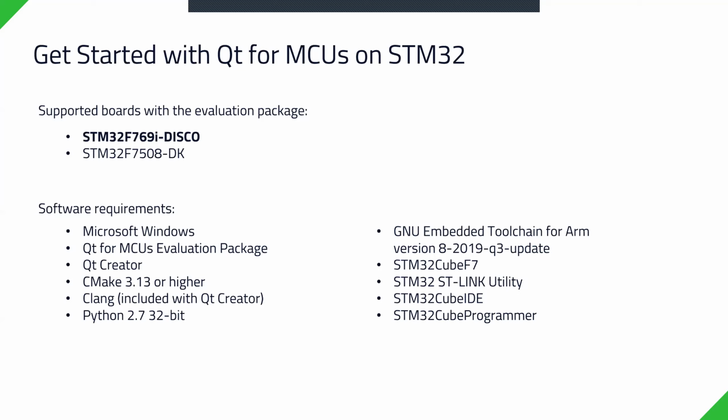You will need the Qt for MCU evaluation package, which I will show you in a few minutes how you can get if you haven't got it already. I won't detail them, but this is the full list of what you will install: Qt Creator for development, CMake for building the project, Clang, which is actually included with Qt Creator, Python, and all the tools to actually build the application.